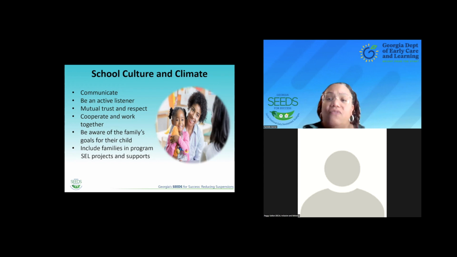Building these feelings of mutual trust and respect can be challenging. Families come to you with different knowledge and experience in child rearing. They may have a different language or even a different culture. So if we assume two things, that the families love their children more than anything and that they're doing the very best that they can, it will make our partnership more genuine and feel meaningful to the family, the child, and the program.